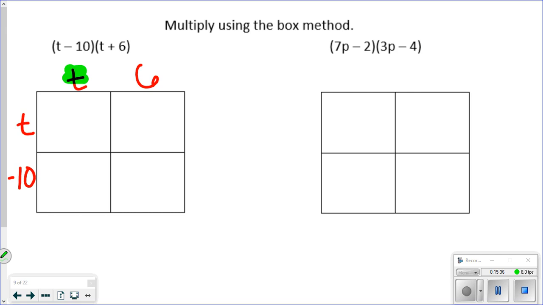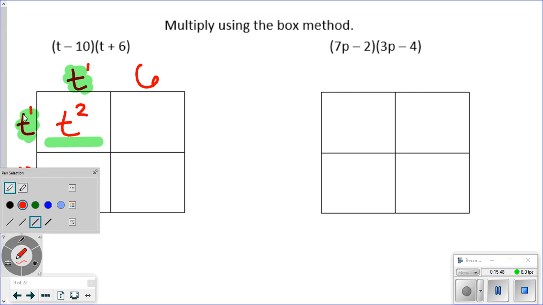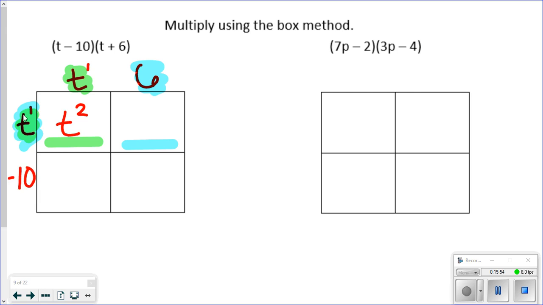So we're multiplying t times t, and my answer is going to go in this first box. Remember our exponent rules. 1 plus 1 is 2. Then we're going to multiply t times 6, and it's going to go in this box, which is 6t. The number goes first. That's our coefficient.